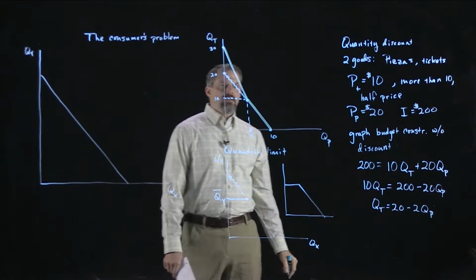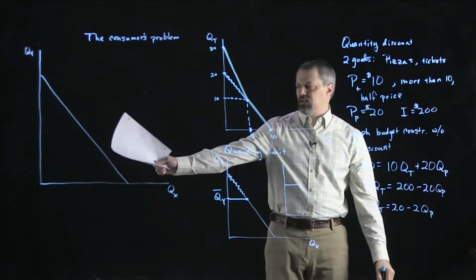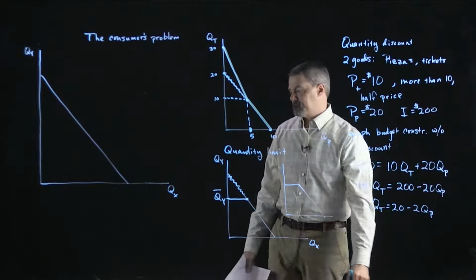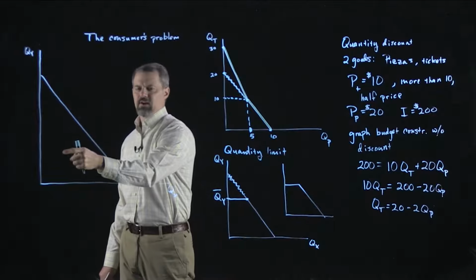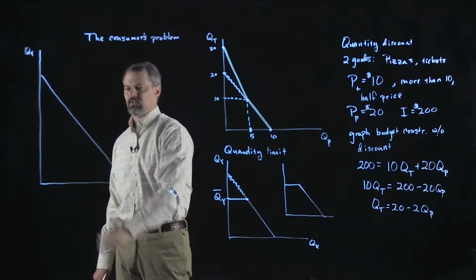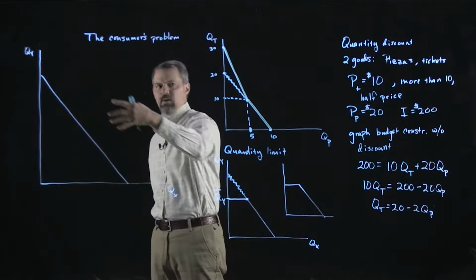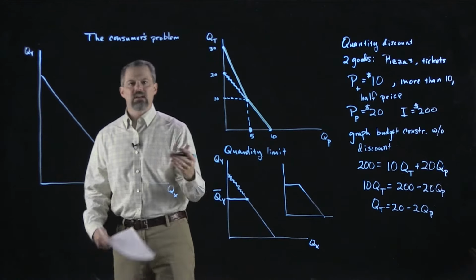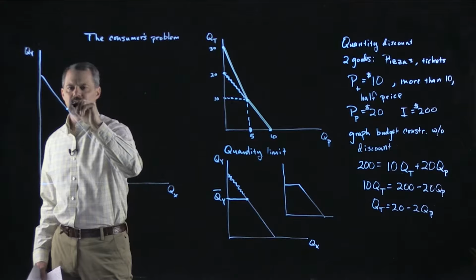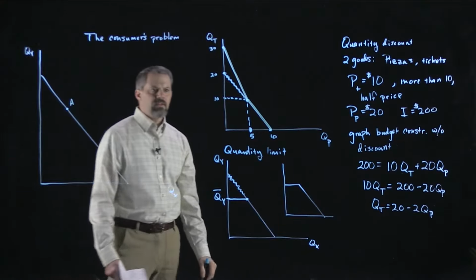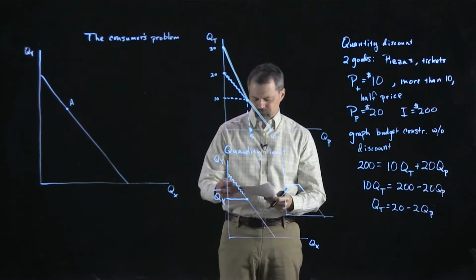Now, the consumer can choose any bundle on that budget constraint. They will exhaust all of their income, so we know they're not going to choose any bundle down in this range. But they can't afford any of the bundles out here. So let's just pick a bundle, and let's think about starting there. Let's pick a bundle like bundle A.